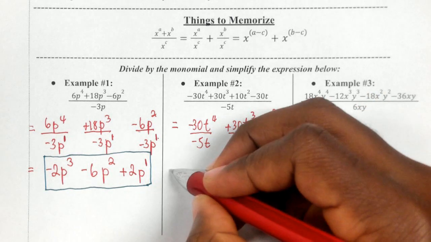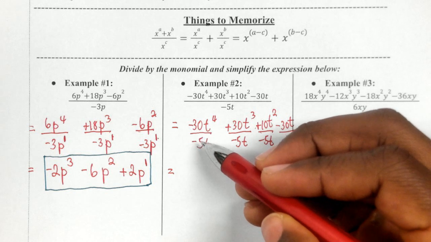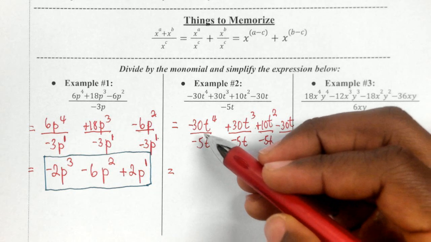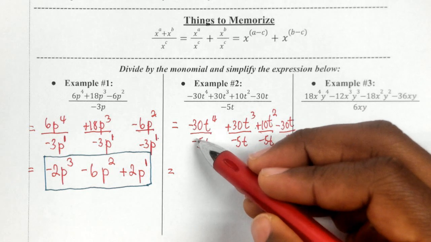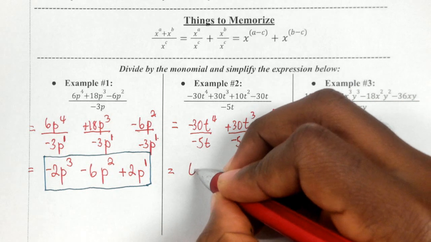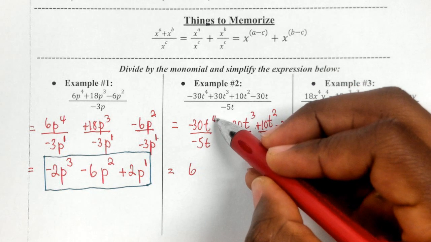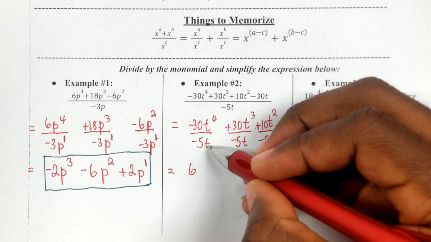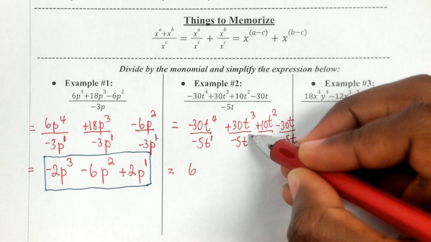Let's divide the numbers first. You always divide the numbers first. Negative 30 divided by negative 5, and negative divided by negative is a positive 6. Here I have a t to the fourth at the top and only a t at the bottom. What's the exponent for that t? A 1.